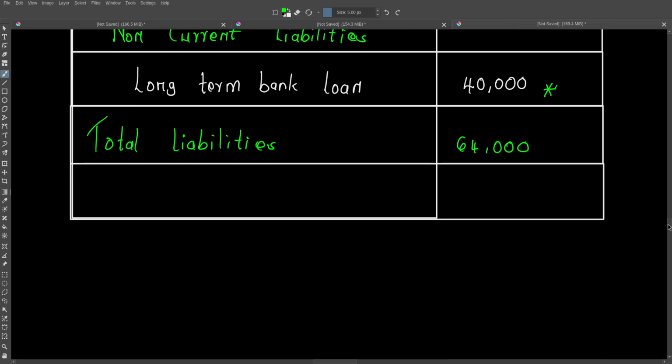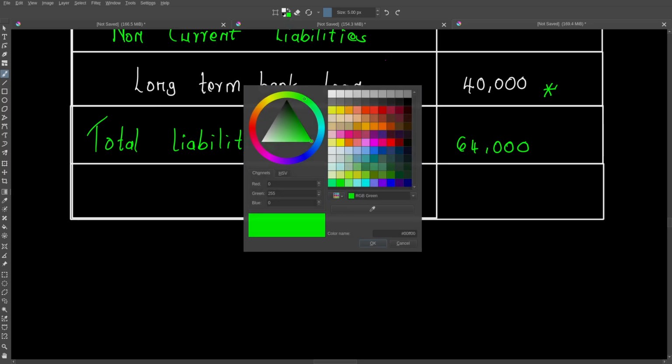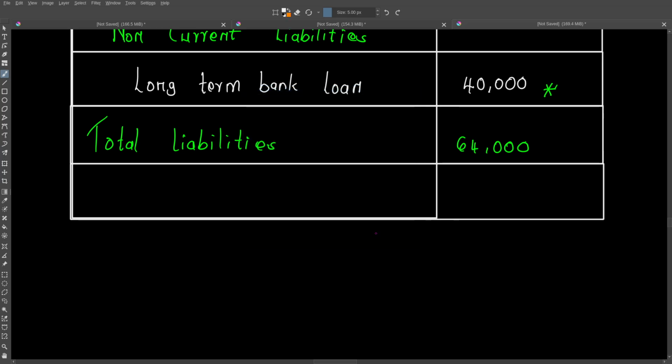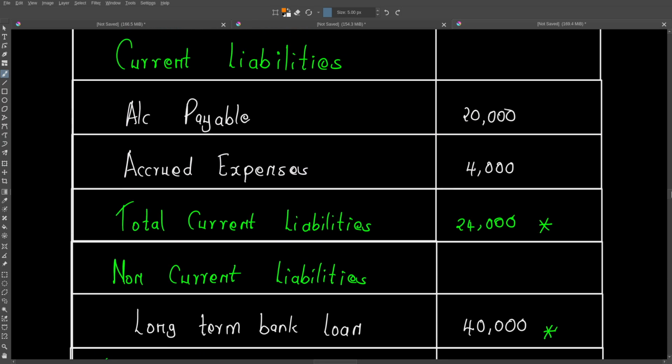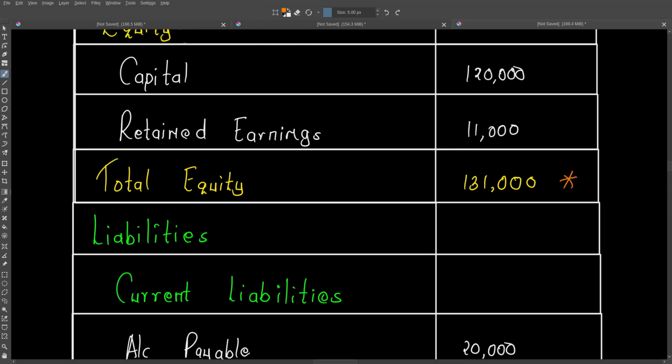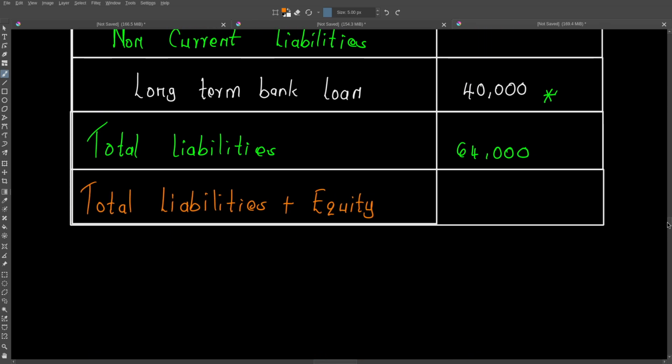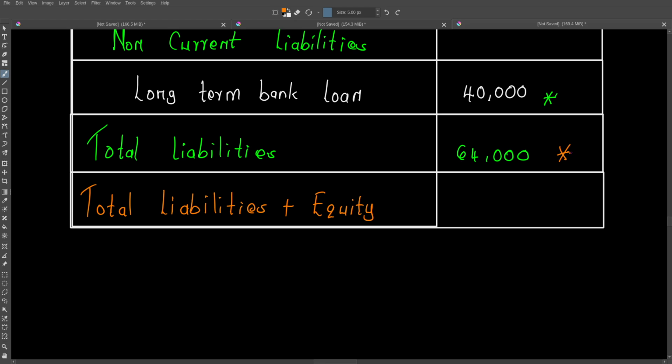Okay, so we ask ourselves, what is the total of liabilities plus equity? We had our equity total as 131,000, and we have our total liabilities of 64,000.